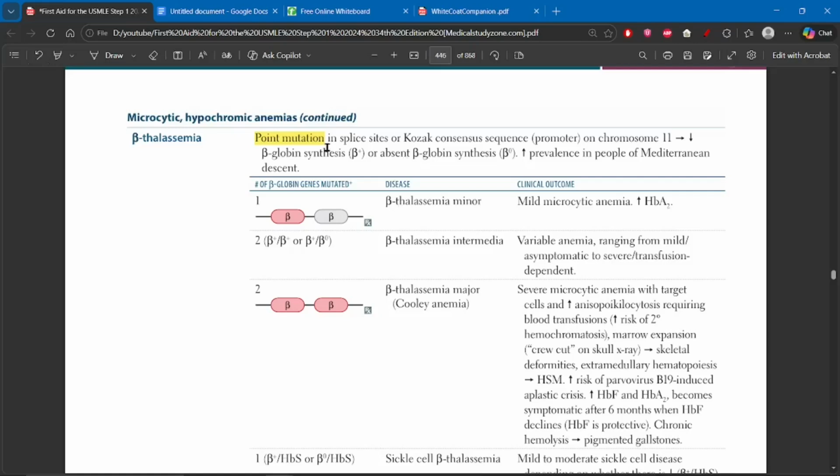Now, where does the point mutation occur? It occurs in the splice sites. So you must know what DNA splicing is.